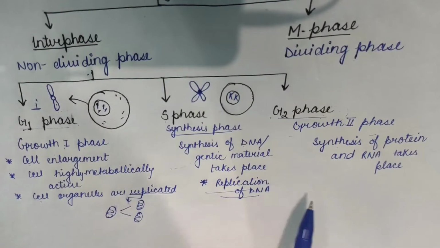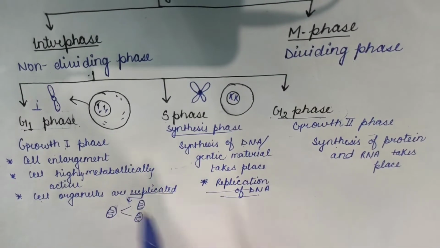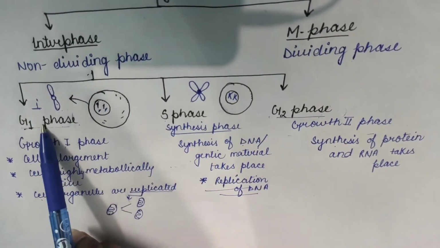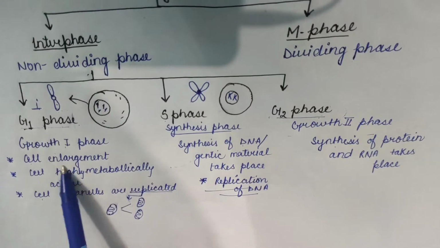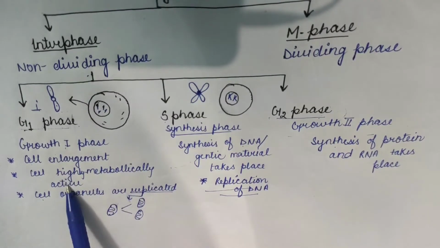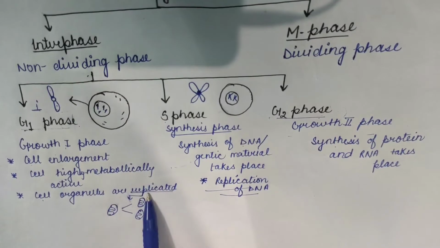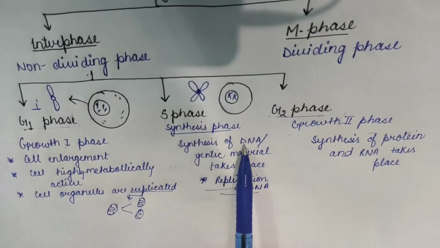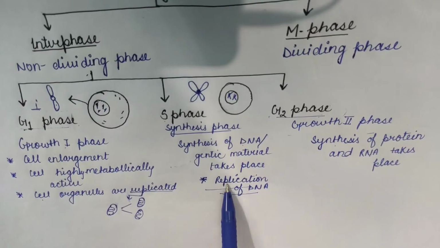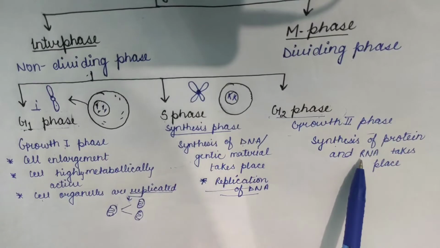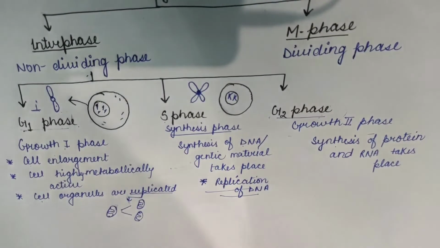So, these are the three phases of interphase: G1 phase, S phase and G2 phase. During the G1 phase, cell enlargement takes place, the cell is highly metabolically active and cell organelles are replicated. In S phase, synthesis of DNA and genetic material takes place, and in G2 phase, synthesis of protein and RNA takes place.